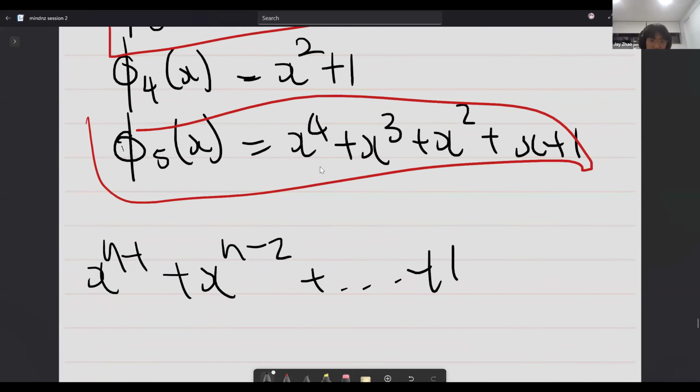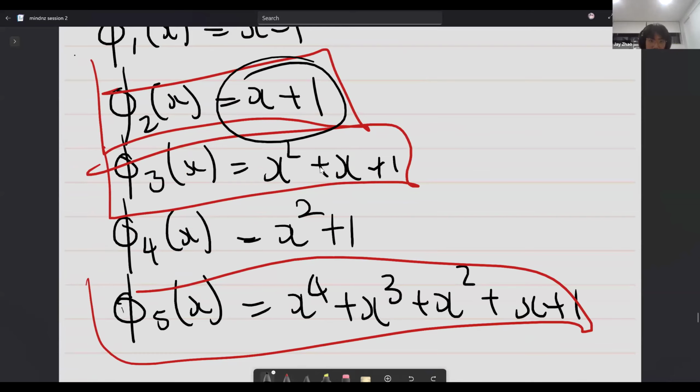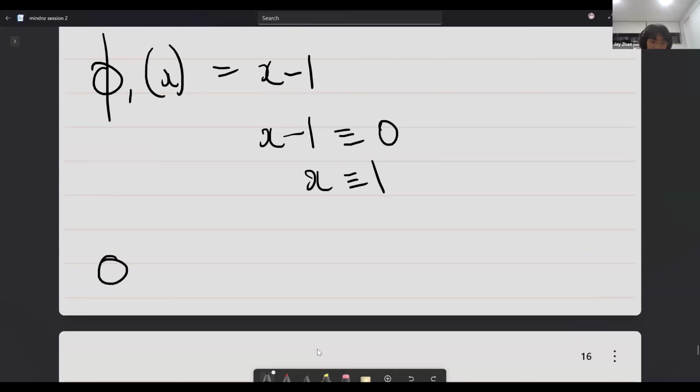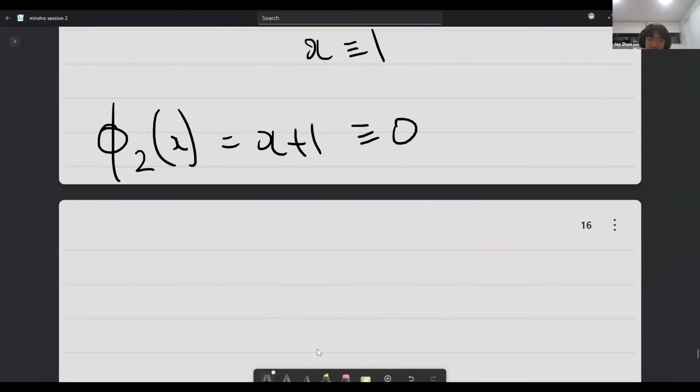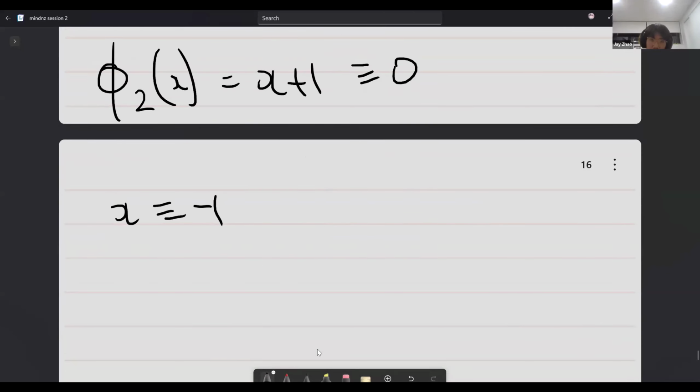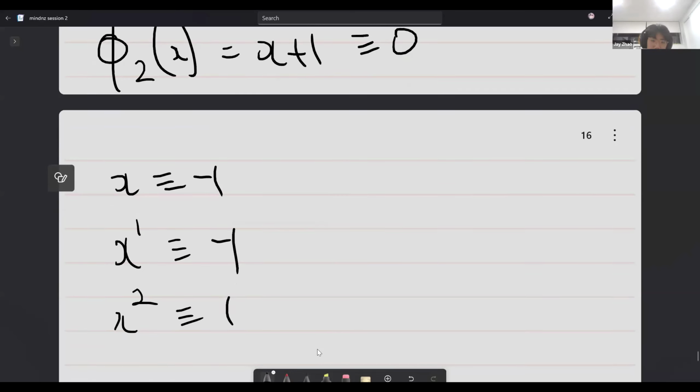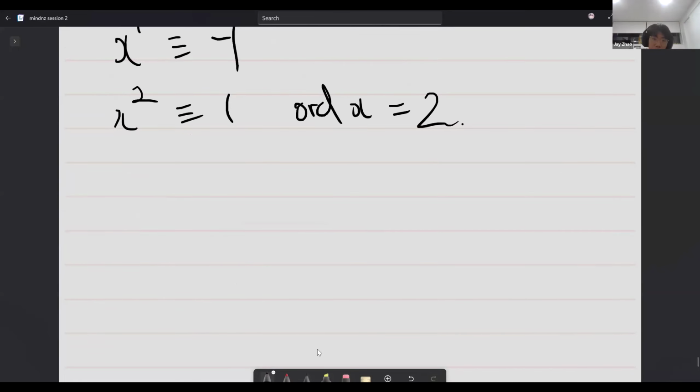And then next, for x plus 1, if this is equal to 0, then x is equal to minus 1. And you see that x to the power of 1 is minus 1, and x to the power of 2 is equal to 1. So that means that the order of x is 2.